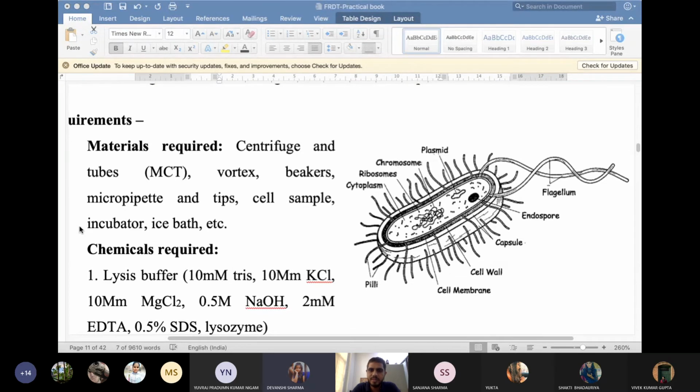Okay, so might be that is not there. Sodium hydroxide? No, sodium hydroxide is not the one. Sodium is definitely going to be there in that one.